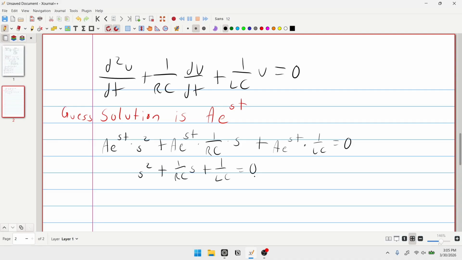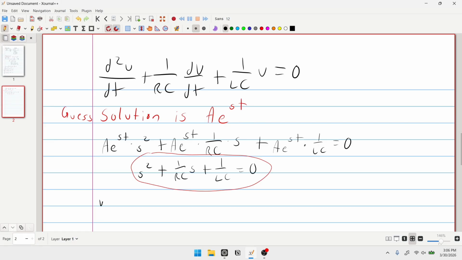Alright? And so you can see that this right here is our characteristic equation just in the s. And so these s's will be the solution, or the roots for our exponential here.